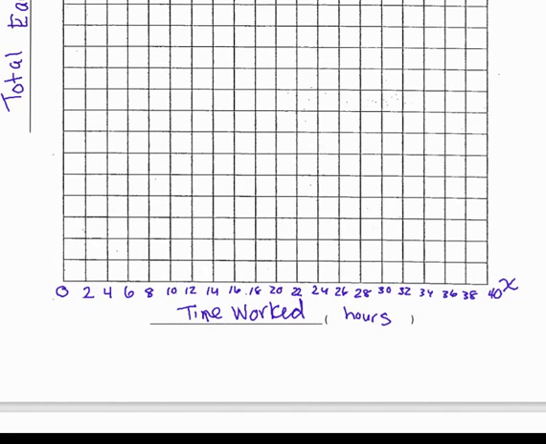And what are we going to count by going up and down, did we choose? 30, the interval says. So up and down, we start at 0, 30, 60.